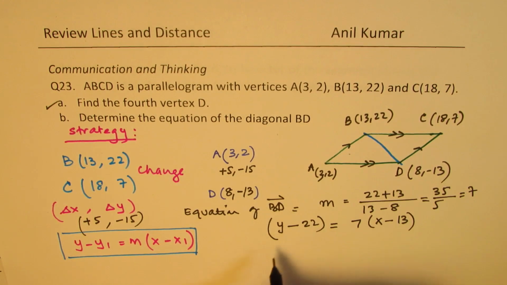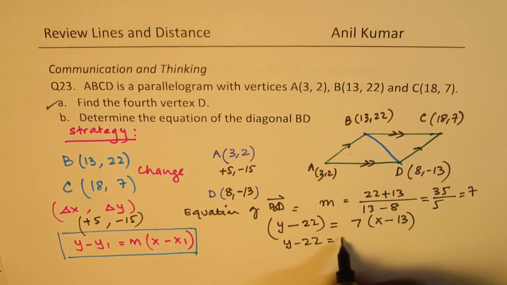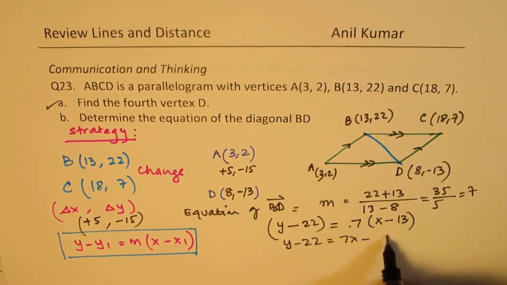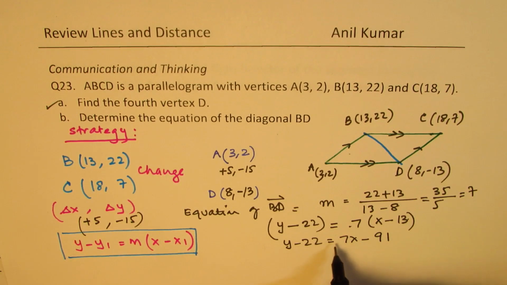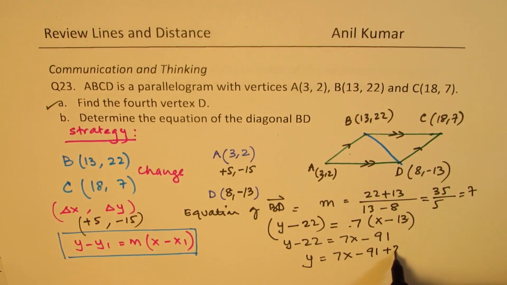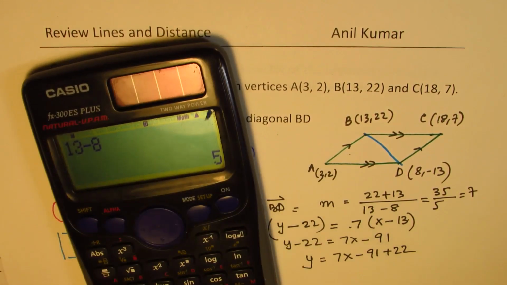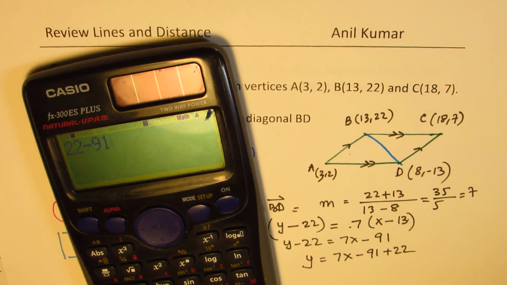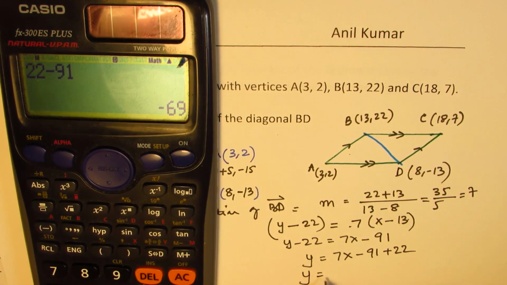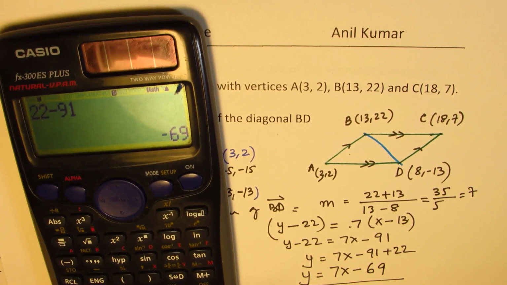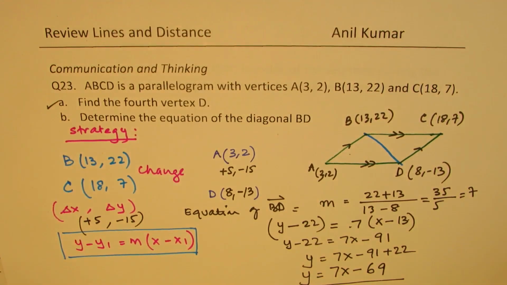So we have y minus 22 equals 7x minus 7 times 13, which is 91. So we can bring them all together, or you can write this as y equals 7x minus 91 plus 22, correct? So let's do 22 minus 91, which is minus 69. So we get y equals 7x minus 69 as our equation. Is that clear to you? So that is how we can get the equation of BD. Perfect. Let's move on and take the next question now.